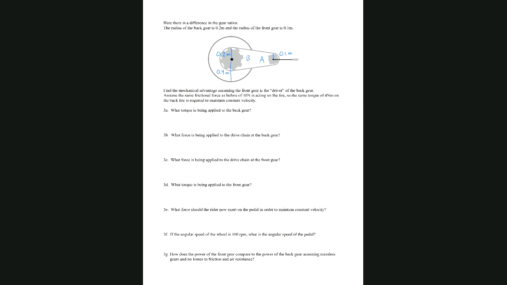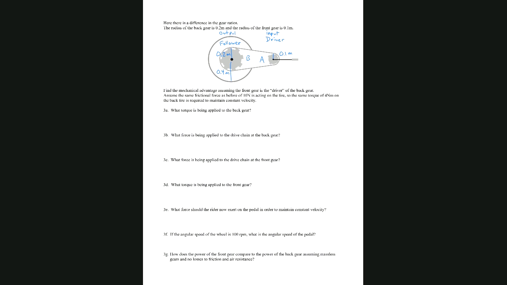Now we want to ultimately find the mechanical advantage using the idea that the front gear here is the driver and the back gear is the follower. And so this is going to be the input here, and this one will be the output.